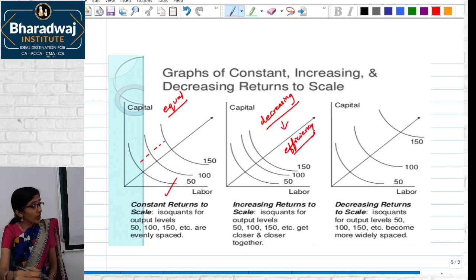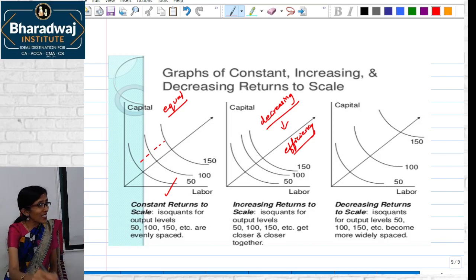I said to bring about an increase in the level of output by 50 units, you require less and less input application. That is the reason why it is decreasing. Do you follow that or not?